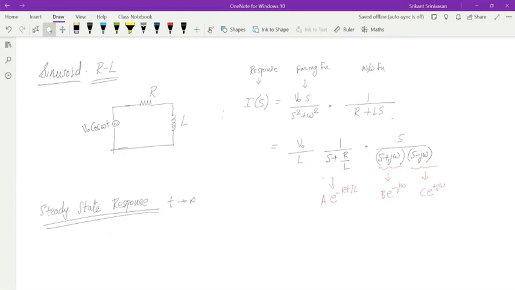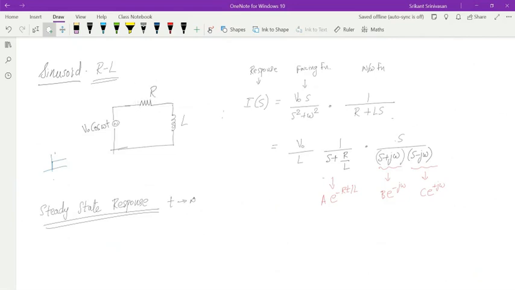Supposing my input were a step function. Then initially, when the voltage increases, the entire voltage will drop across the inductor, and as the inductor starts getting charged, current starts flowing, and as current starts flowing, you will get an IR drop, and gradually the voltage will fall entirely across the resistor.